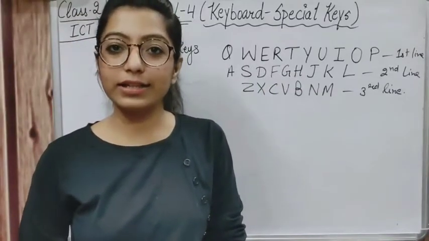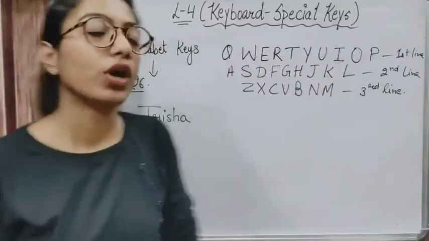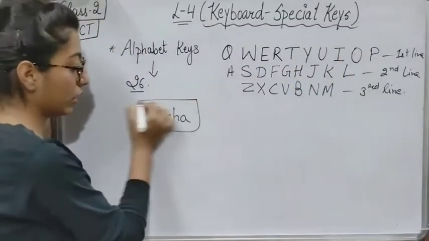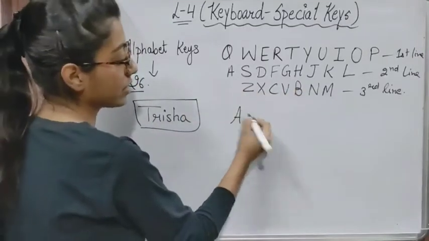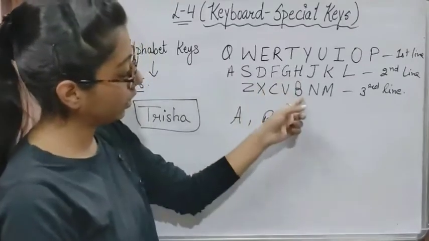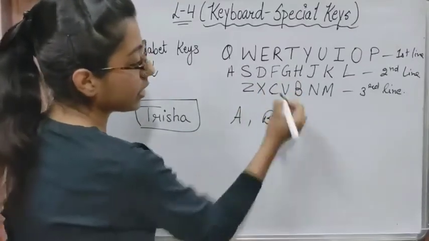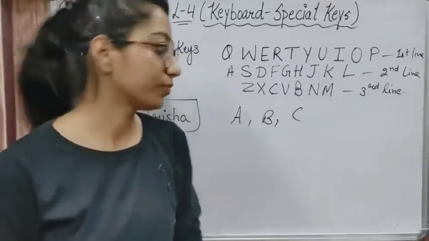Okay? Is it clear? So this is how we can write the name. If you want to type any alphabet only, we will just click on A, B, C, and it will type on the computer.